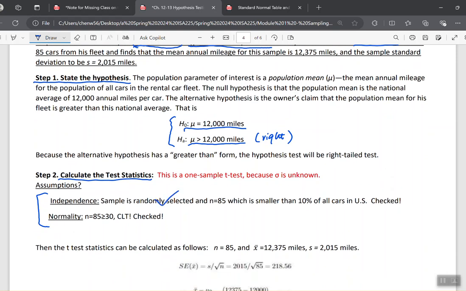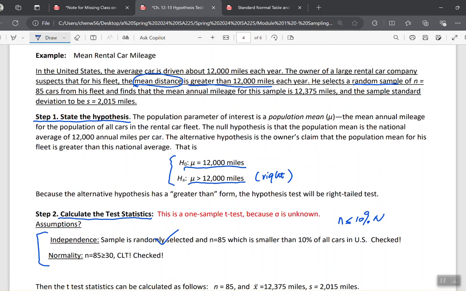So this is good. Next, we need to check that n should be less than or equal to 10% of the population size. Here the sample size n equals 85. We also need to know the population size, but in this case, we don't know how large the population is. But can you imagine?